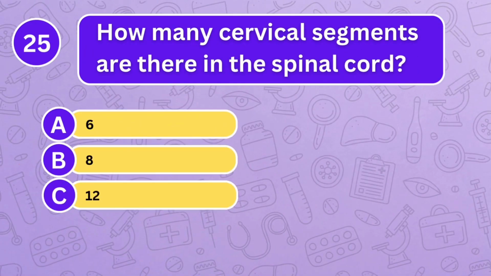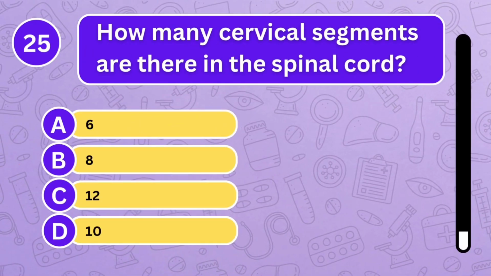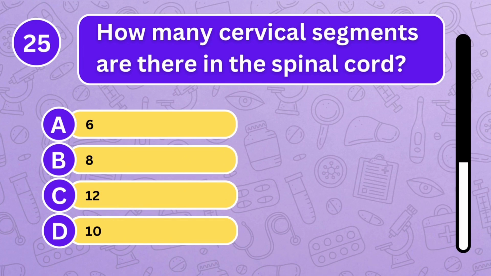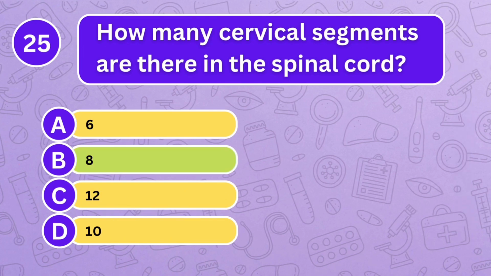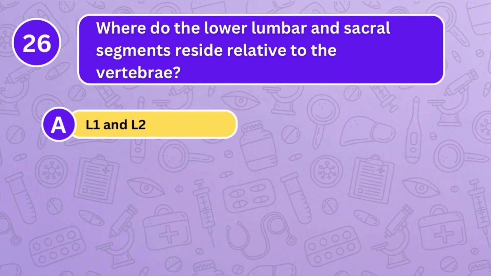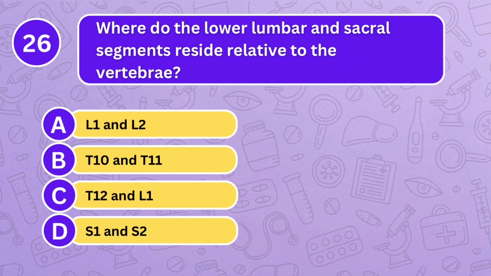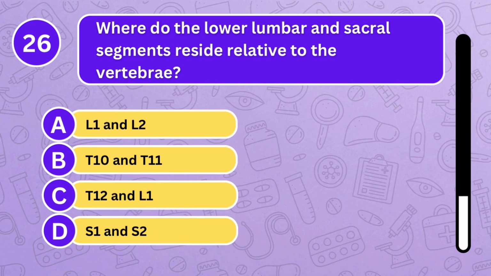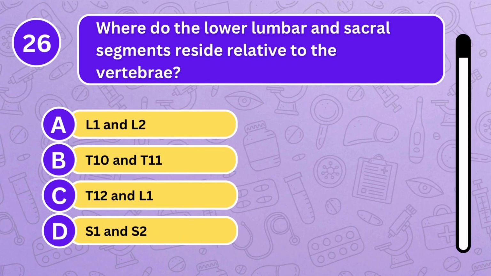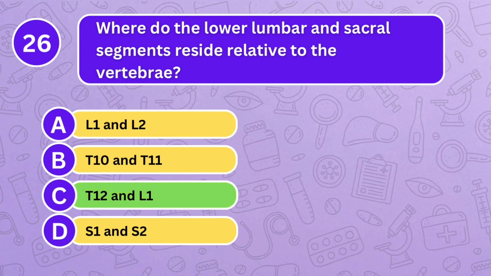How many cervical segments are there in the spinal cord? 8 cervical segments. Where do the lower lumbar and sacral segments reside relative to the vertebrae? T12 and L1.